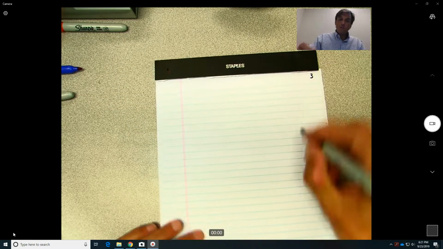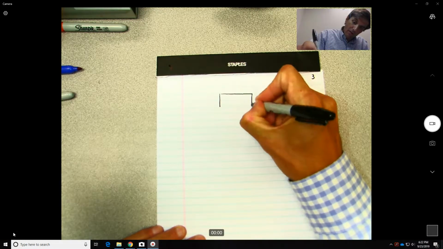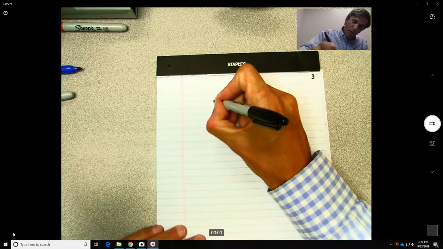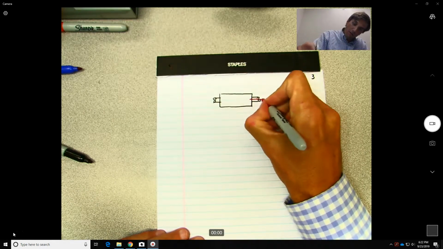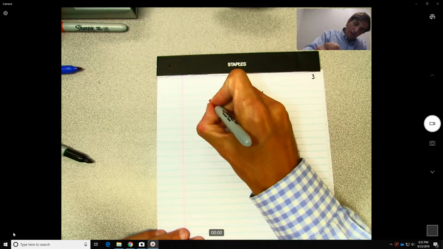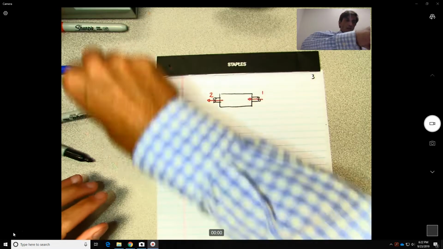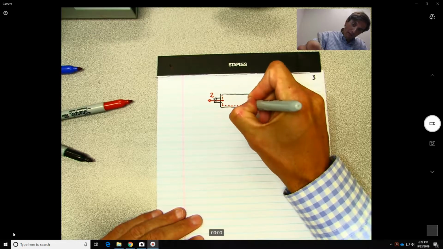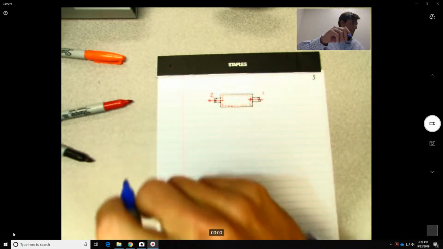So now what's important is that we're just going to take the top part of the system, which means the one of the hot fluid, where we have 1 and 2. So now we're going to isolate this part, so this will be our control volume.